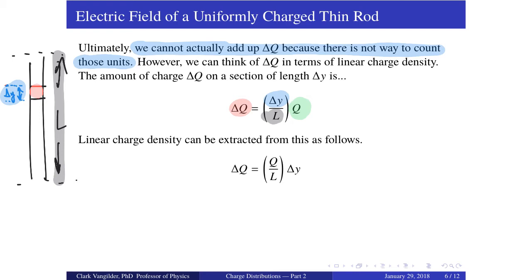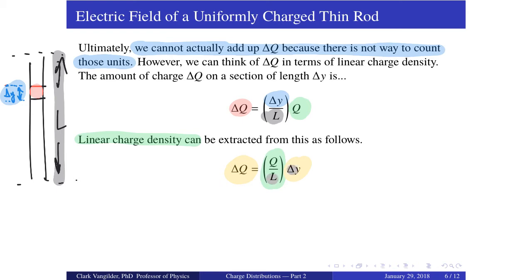Okay, so this right here is that linear charge density. Charge per unit length. And it allows me to talk about that chunk of charge that I've been idealizing for my model from the beginning in terms of how tall it is. Because a delta Y is something I can add up.